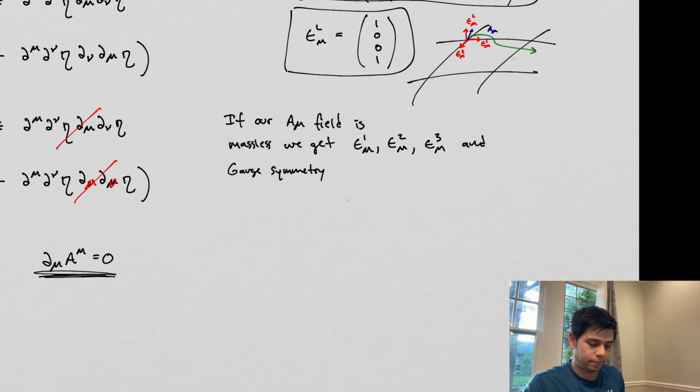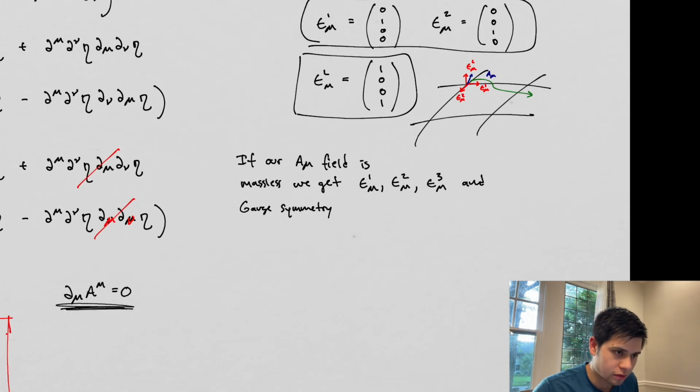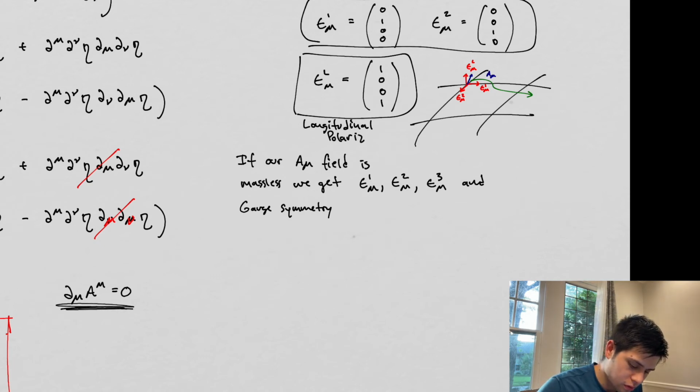Okay. Again, this is the longitudinal polarization vector. And these are the transverse polarization vectors.